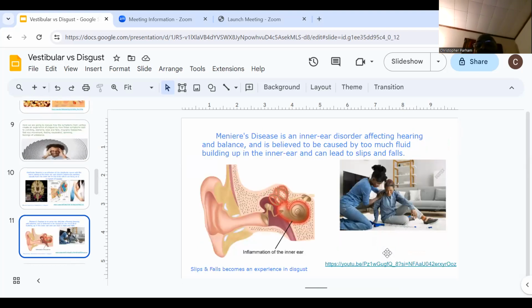Meniere's disease, and I'm repeating this as I said earlier, is an inner ear disorder affecting hearing and balance, and is believed to be caused by too much fluid building up in the inner ears and can lead to slips and falls.